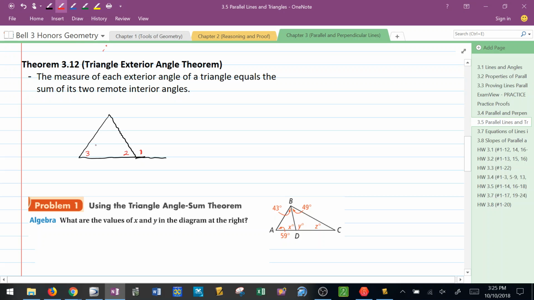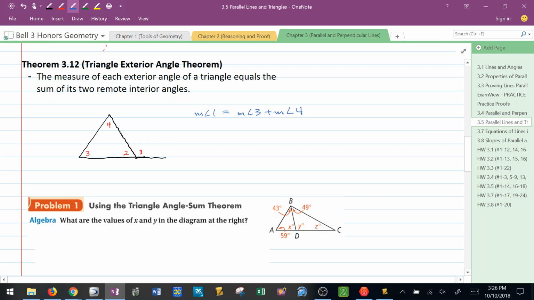And then over on the other side, we have angles 3 and 4, which we just named as remote interior angles for angle 1. What the exterior angle of a triangle theorem tells me simply is this. I know that the measure of angle 1 has to be the measure of angle 3 plus the measure of angle 4.